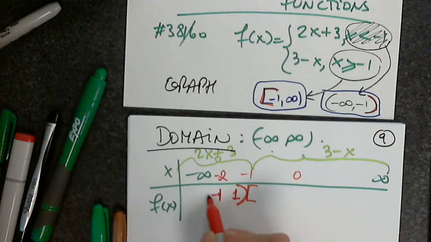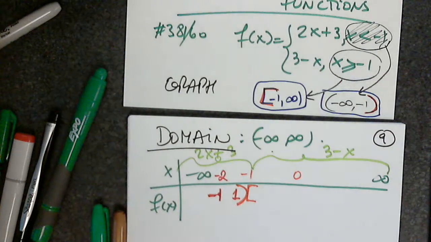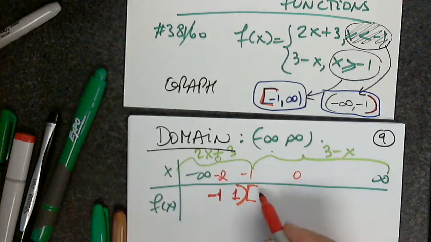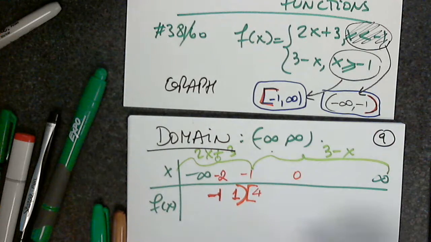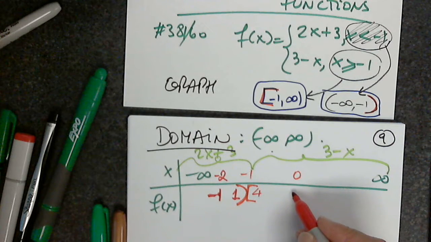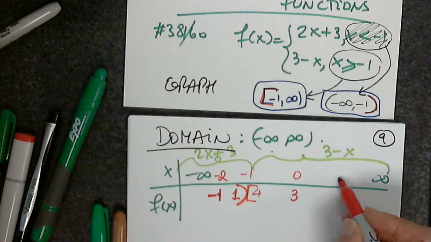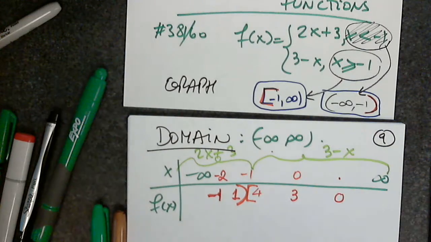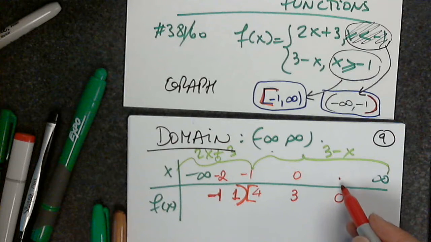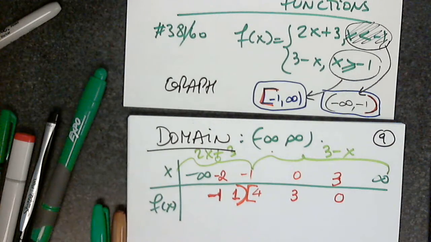On the other side, please plug in 0. And what number should I have here in order to see it? Of course. 3 minus 3 is 0.